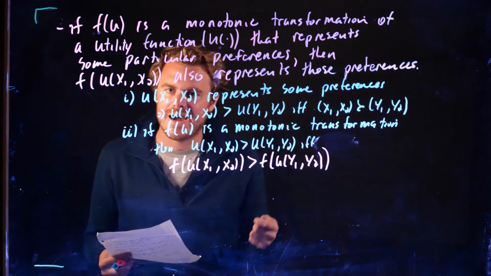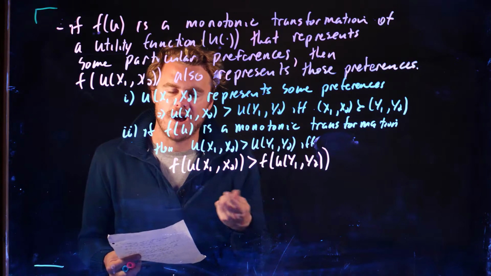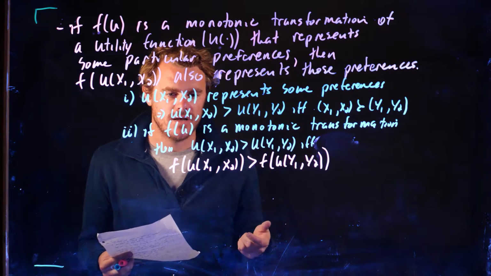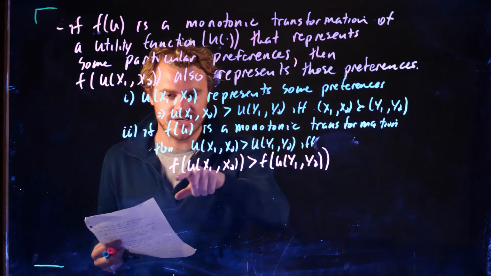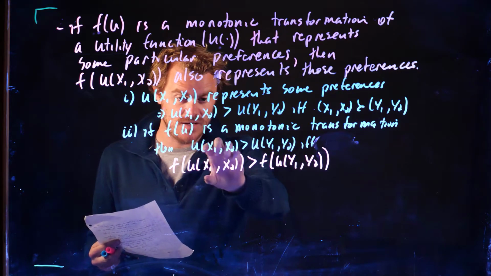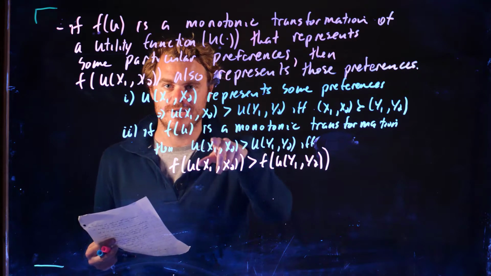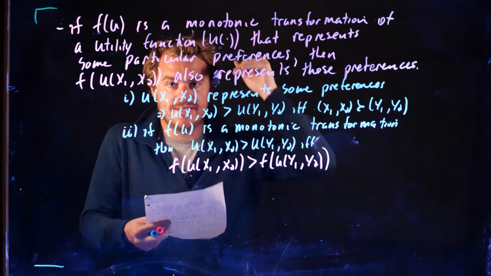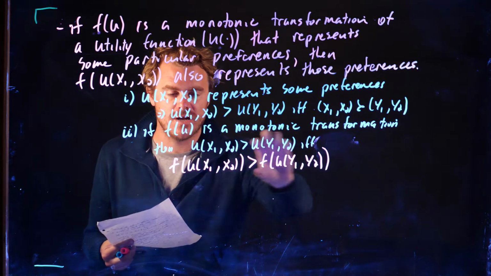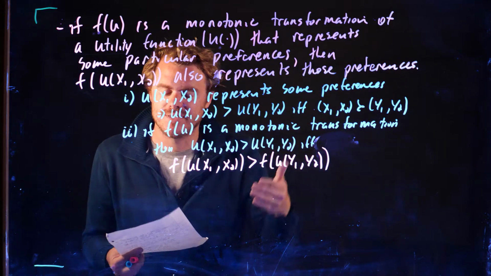Well, the only thing that matters is the order and not the absolute number. Then this transformation of this utility function represents the exact same preferences that we had before, because it's only the order that matters, and this monotonic transformation preserves that order.